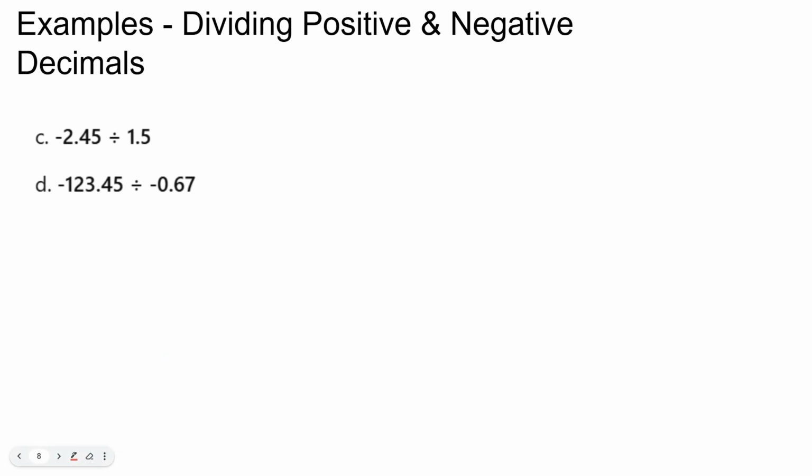We will now divide 245 divided by 150. So what do we do here first? We will be applying estimated multiplication.